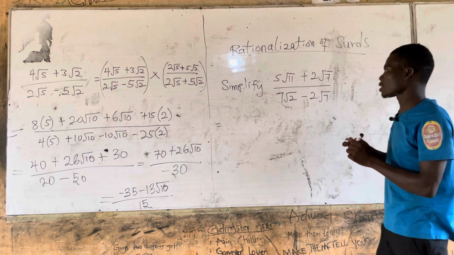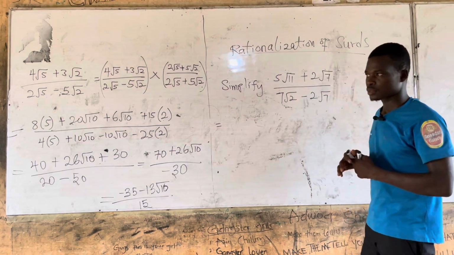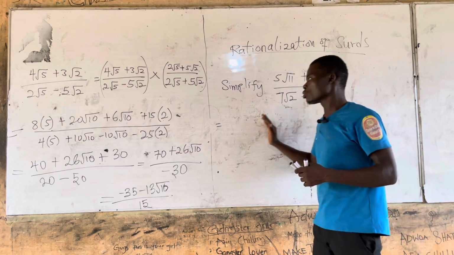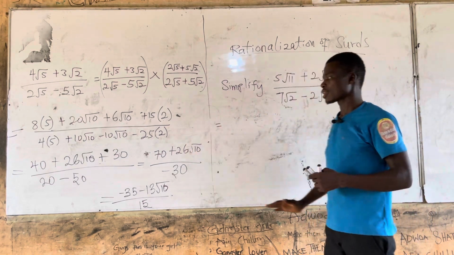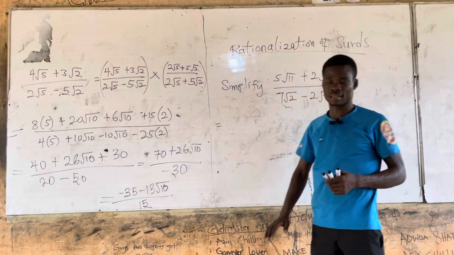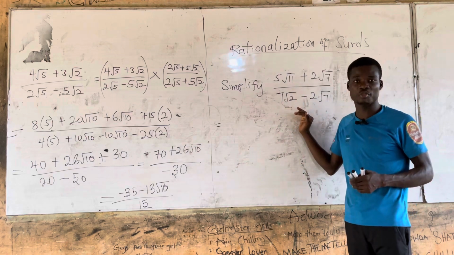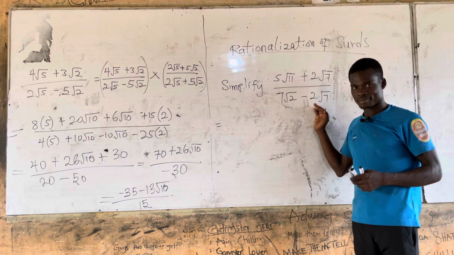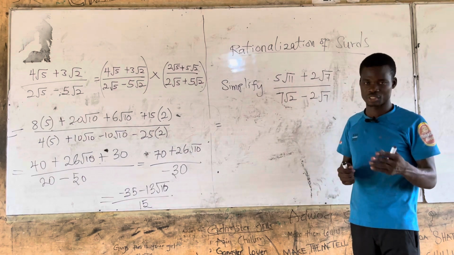So suppose we have this problem to solve. So take your time and go through the same process and get your final answer. I will leave this question for you to try it yourself and get good results.